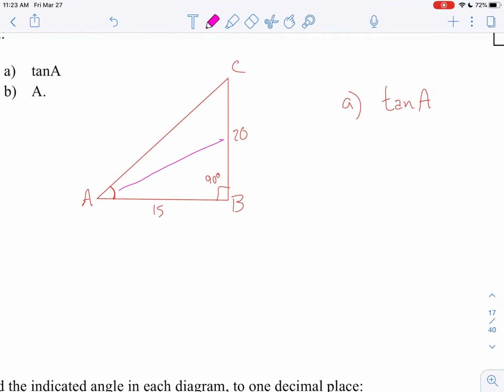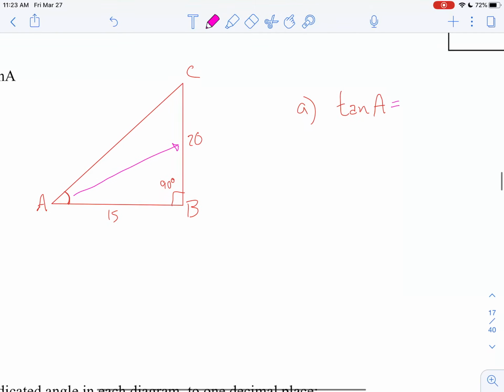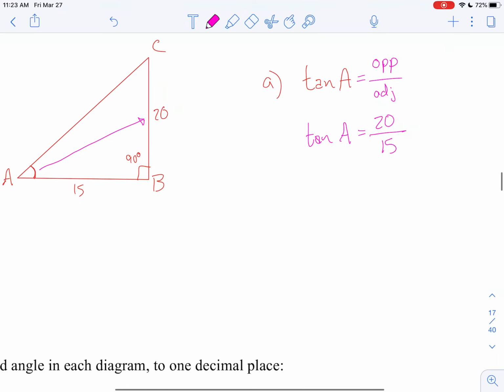So opposite this angle A, what we're looking at, is 20. So tan A is equal to opposite over adjacent. I'm going to rewrite that and say, hey, tan of A is equal to, I know what the opposite is, it's 20. I know what the adjacent is, it's 15. So tan of angle A is going to equal the opposite over the adjacent, which is 20 divided by 15.